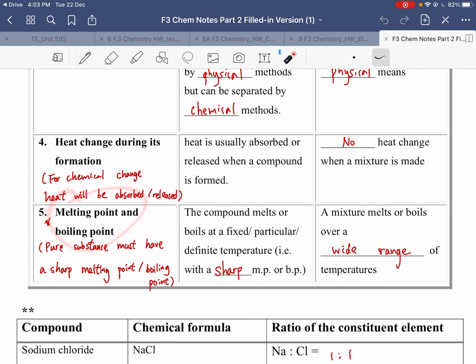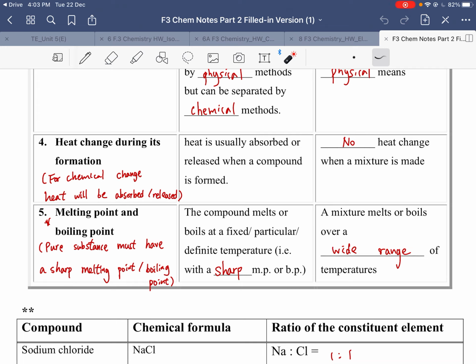Lastly, about whether the substance is pure or not. You know, a mixture is not pure, and a compound is pure. If the substance is pure, like compounds and elements, it will have a very sharp melting point and boiling point. Sharp means within 1 degree Celsius, it will change state completely.